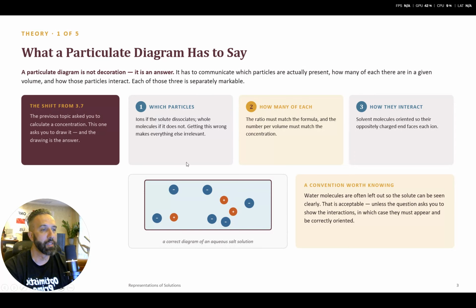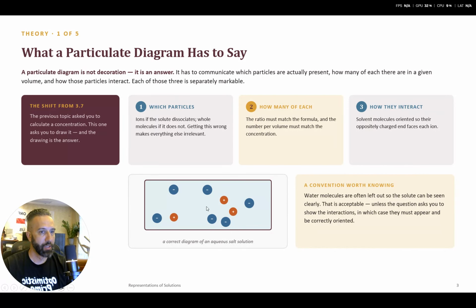So again, this is one example of a particle diagram. So what do you need to put in here? First of all, the size of this box represents the volume, and the number of particles inside of that volume is somehow connected to the number of moles.